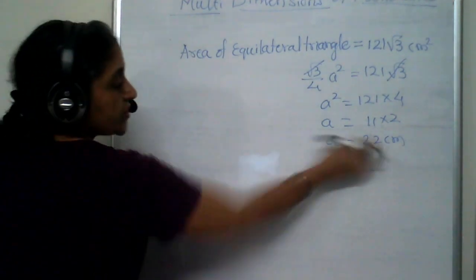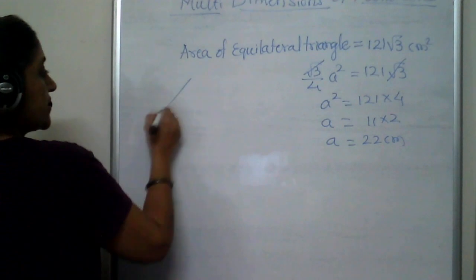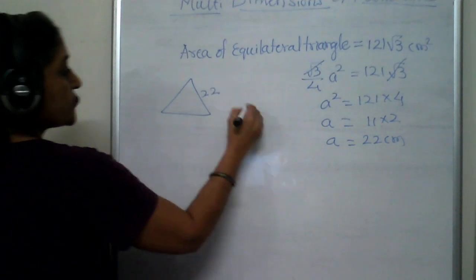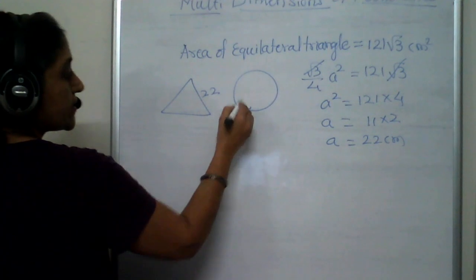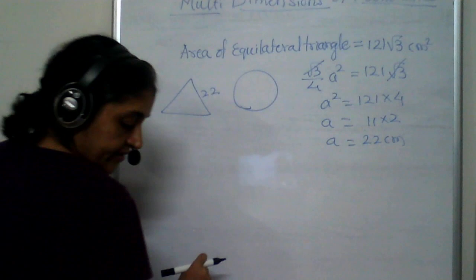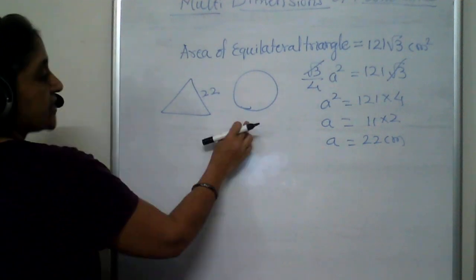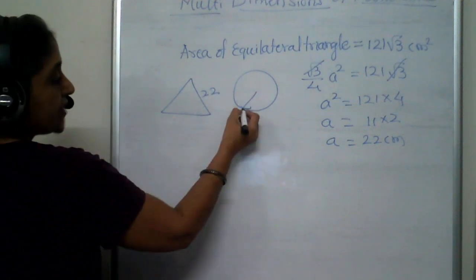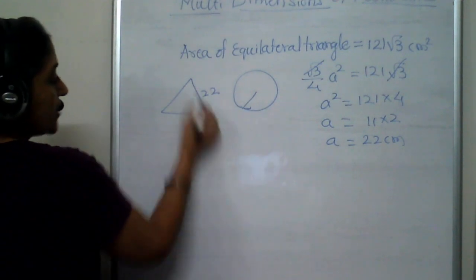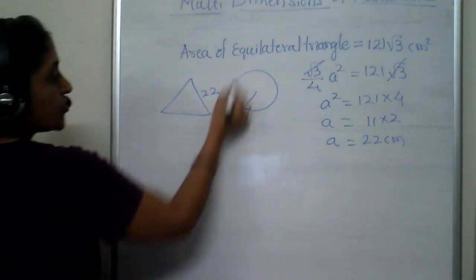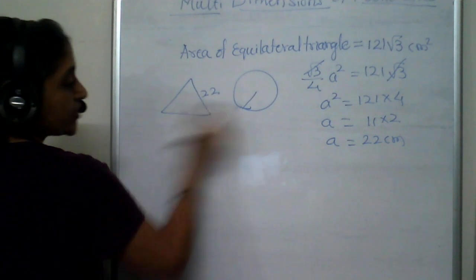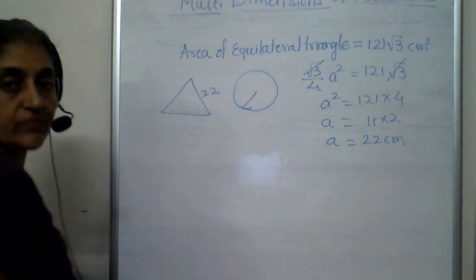Okay, so if a is 22, means what? Equilateral triangle is there, its sides are 22. This is being turned into what? Circle. Now what is the area enclosed by the wire when it is bent in the form of a circle is asked. To find the area, I need to know the radius. Now the length of these 3 sides is going to be the circumference, means the perimeter of the triangle is going to be equal to the circumference of the circle.